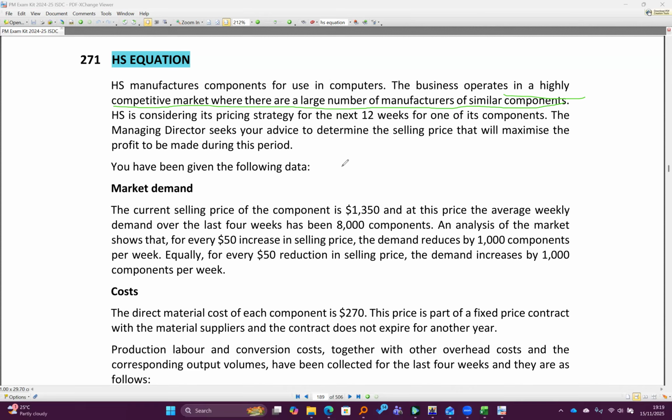Then some people would charge a price that is very similar, and then there are others who charge more to attract premium customers. So there are different ways of looking at it. But here we are trying to look for a strategy that we are going to use for the next 12 weeks. And then they want to look at how we shall maximize the profit.